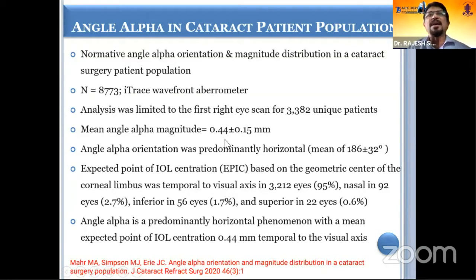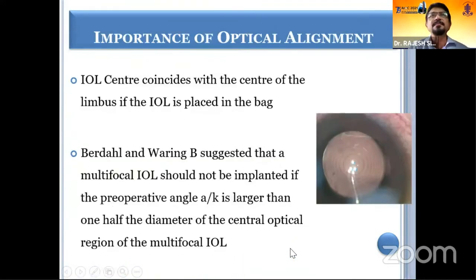The mean angle alpha amplitude was 0.44, and angle alpha orientation was predominantly horizontal. So they concluded that angle alpha is a predominantly horizontal phenomenon, with the mean expected point of IOL centration 0.44 millimeter temporal to the visual axis. So, as I said, the importance of optical alignment is very high.